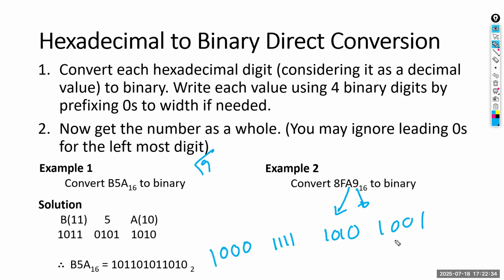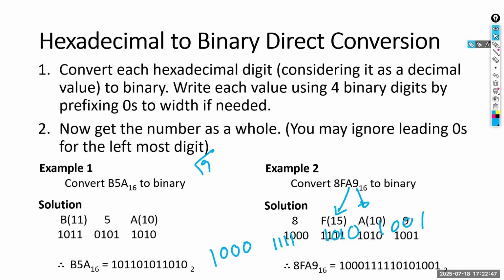So this is your number: 1 triple 0, 4 ones, 1 0 1 0, 1 double 0 1. Be smart, so that you preserve split seconds. Correct. That's it about conversion between our famous number bases.